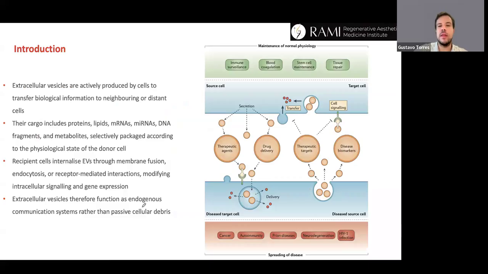And essentially, in the basic biology, both in delivering information inside the body and in the progress of certain diseases such as cancer, autoimmunity, and so on and so forth, these vesicles always will carry something from one cell to the other. So this is the only thing you need to know to understand exosomes until you go into one specific exosome that has one particular RNA or one particular protein that leads to one particular mechanism happening.